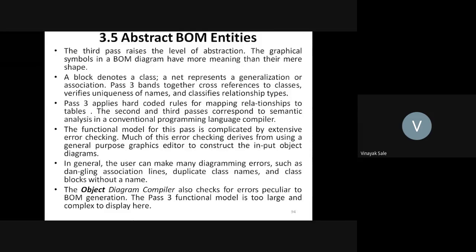In general, the user can make many diagram errors such as dangling association lines, duplicate class names, and a class box without a name. The object diagram compiler also checks for errors peculiar to the bill of material generation. The pass-3 functional model is too large and complex to display here.